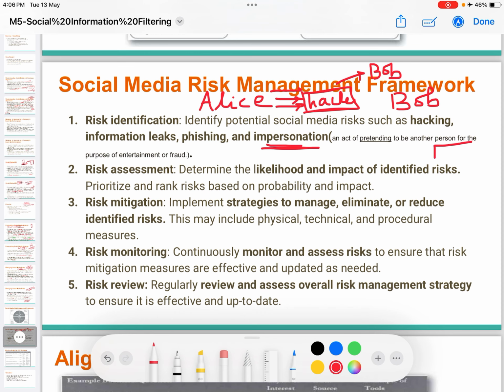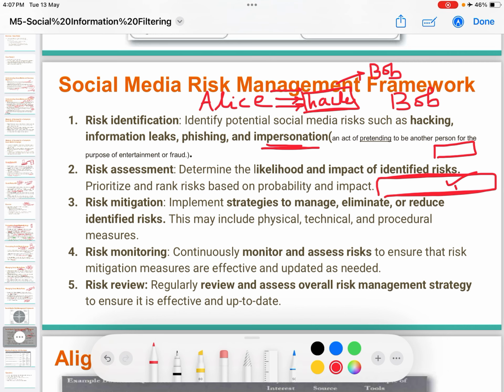Suppose there is a risk which will impact a smaller section of the business, and suppose there is a product leak for a new product going to launch, an information leak to the competitor. It is impacting a larger proportion. Lots and lots of money is going to get wasted because money was invested in the product, raw materials and all.